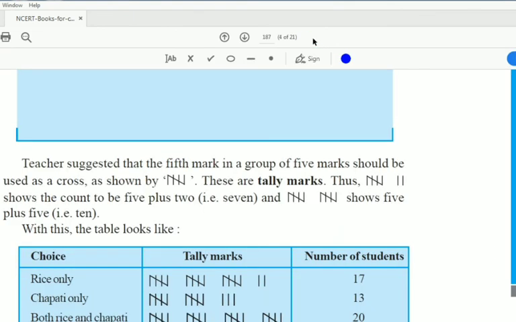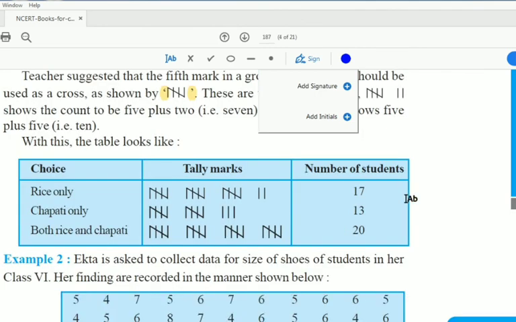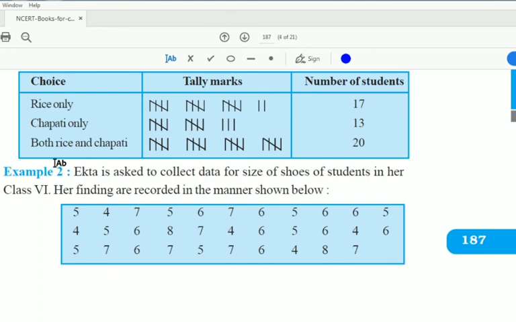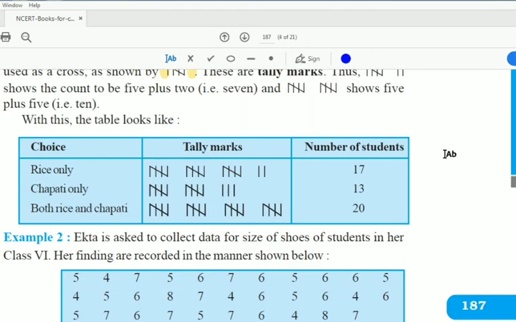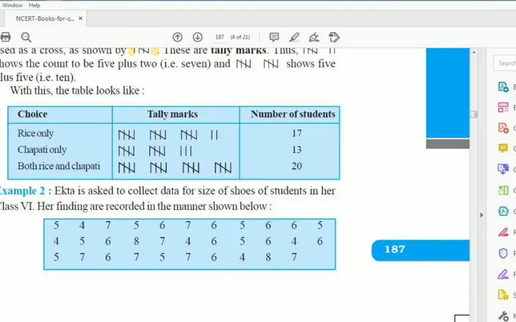Look carefully at what the teacher told us. While making tally marks, we have to put 4 standing lines and the 5th one is slanting. So it becomes a group of 5 and then it becomes easy to count.